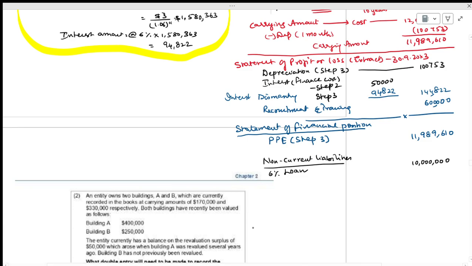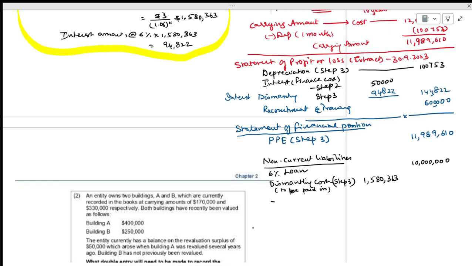Now, there is a dismantling cost that we have to pay in future. How much is the dismantling cost we calculated in step 3? 1580363.